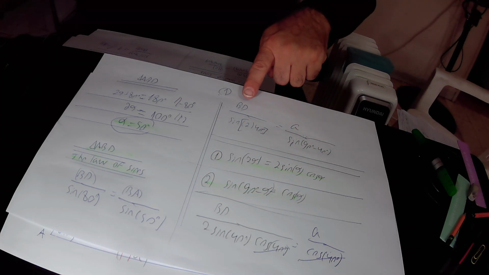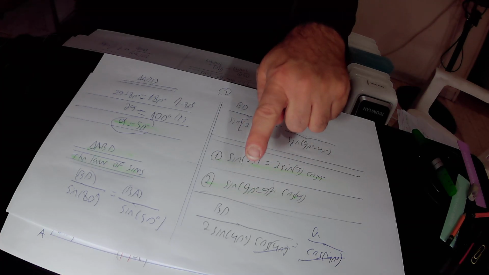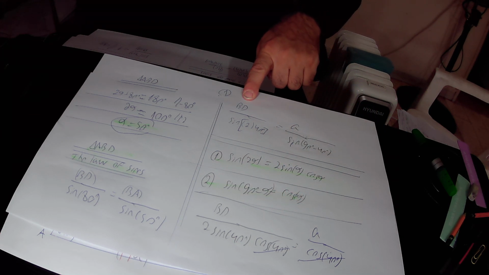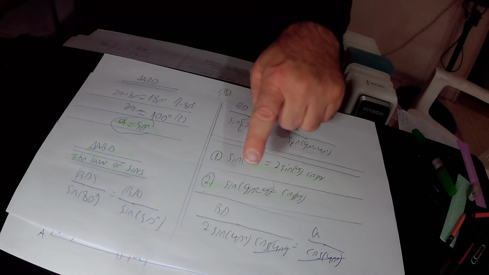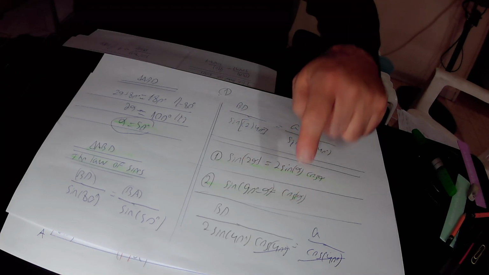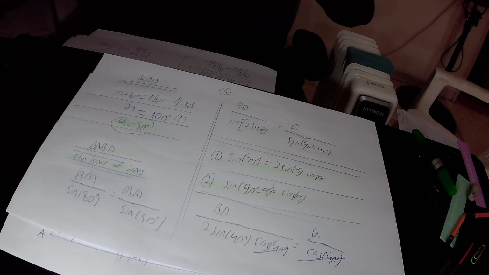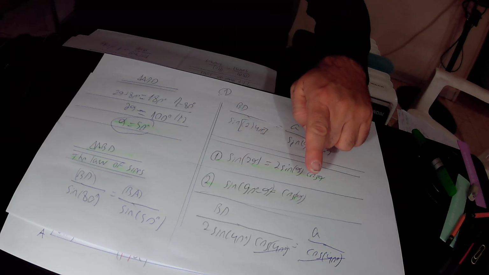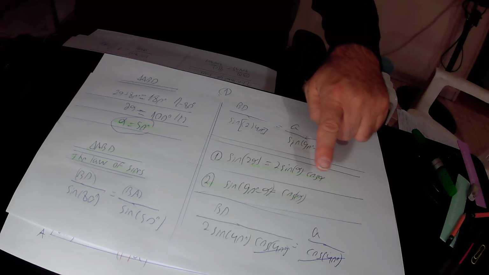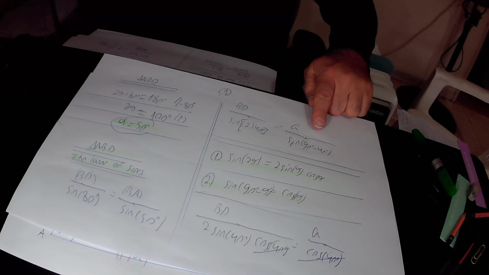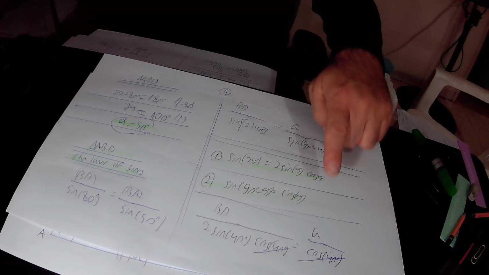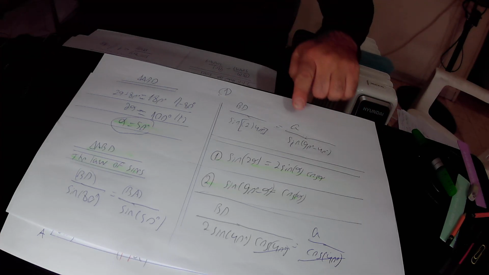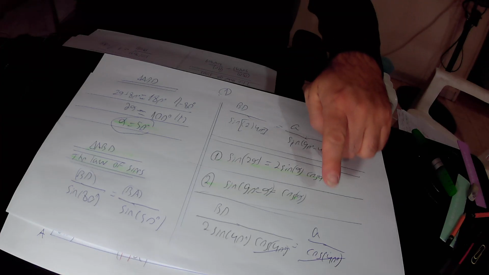We substitute sine 2 times 40 degrees by 2 times sine 40 degrees times cosine 40 degrees. So on this side of the equation we have BD over 2 times sine 40 degrees times cosine 40 degrees. According to the second identity, sine of 90 degrees minus 40 degrees equals cosine 40 degrees. So we substitute sine of 90 degrees minus 40 degrees by cosine 40 degrees.